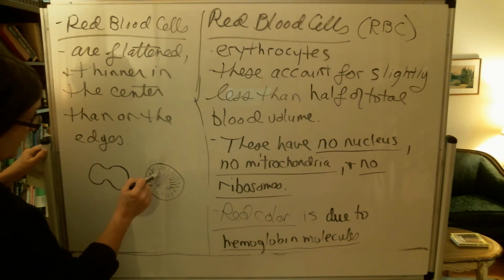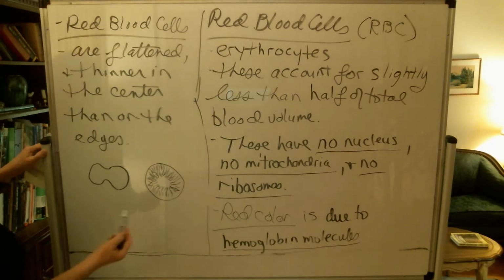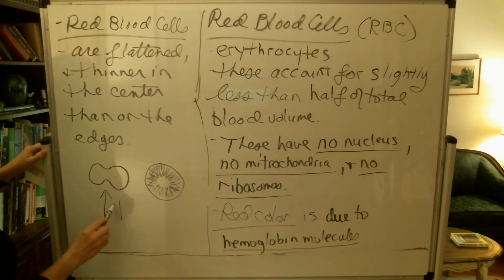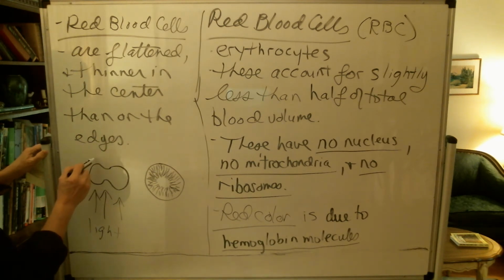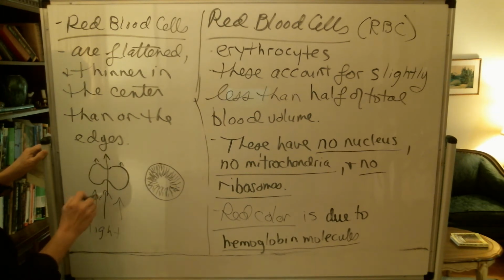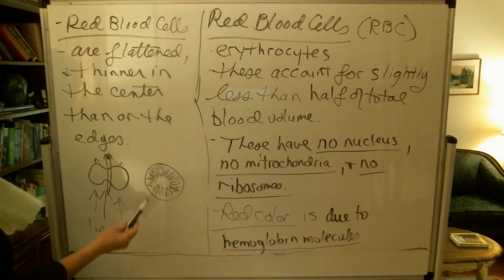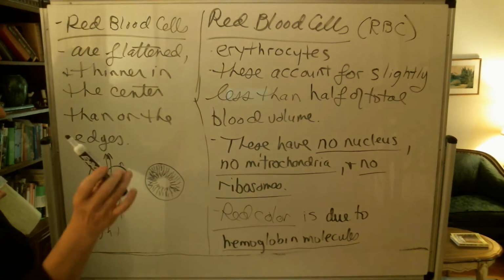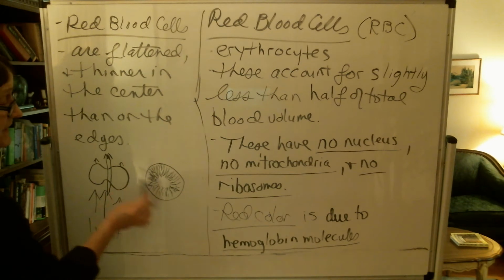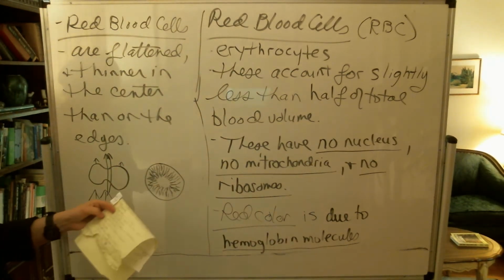So what you are seeing when you are seeing a red blood cell with what appears to be a light center and then the pink exterior like this, what you are seeing is the light from the base of the microscope coming up, here's your light, coming up from the bottom, but you only have a little bit of light going through the thicker part, whereas you have a lot of light going through the thinner part, and the result then is that you wind up seeing the red blood cell from above in a microscope with a light center and then the pink exterior.